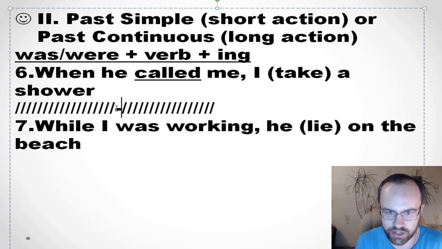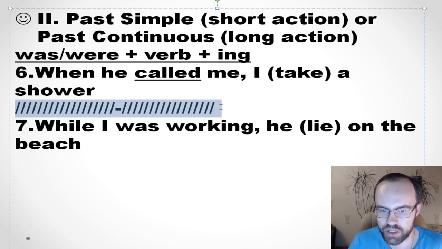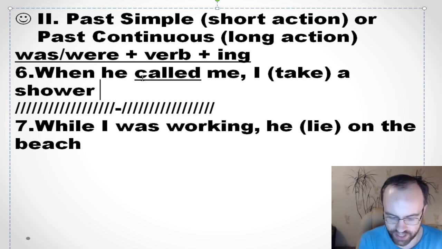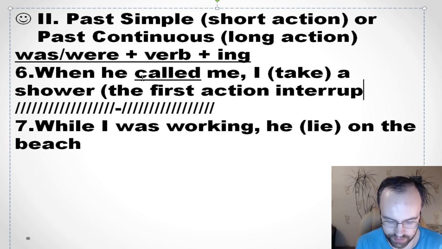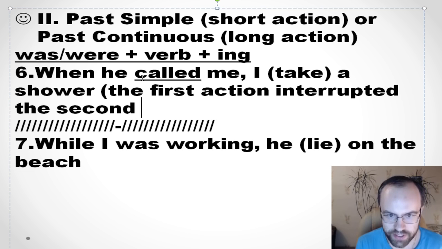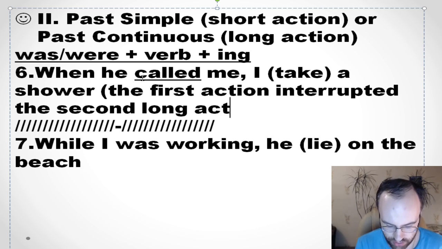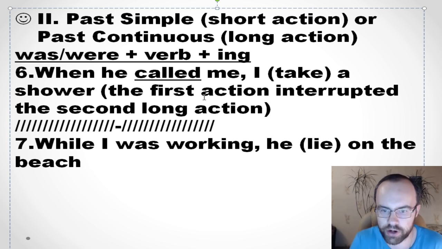So he called me, and the first action interrupted the second long action.